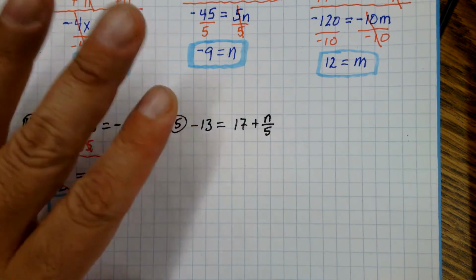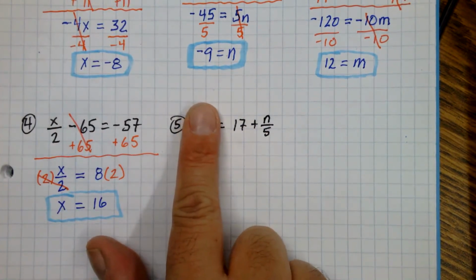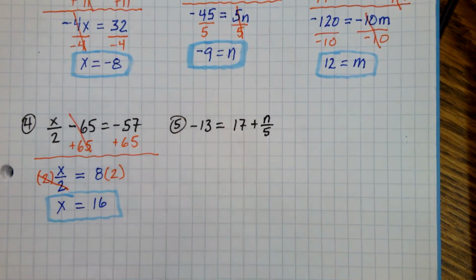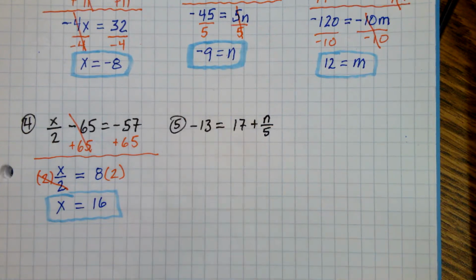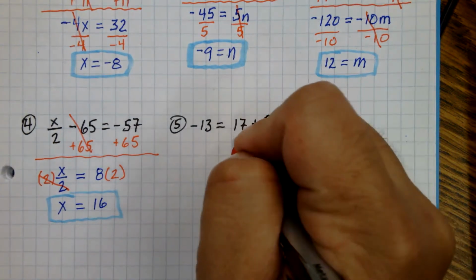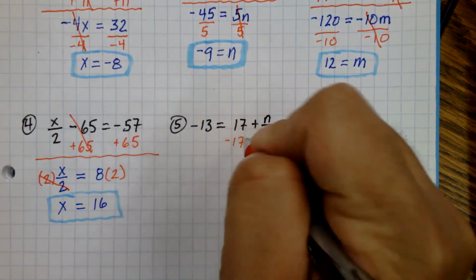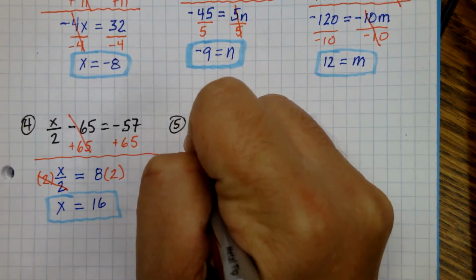Now, let's cover this up. Do you see what our first move is? We want to get rid of the constant. Which is our constant? 17. What gets rid of that 17? Minus 17. Start looking at the sign of the number. It's positive, so throw a negative in there.